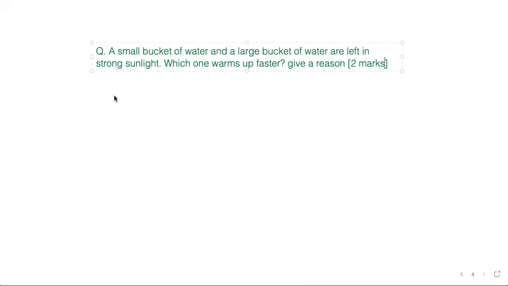You say that the smaller bucket has smaller mass, and according to the equation of heat capacity, the energy required to increase temperature is directly proportional to the mass.